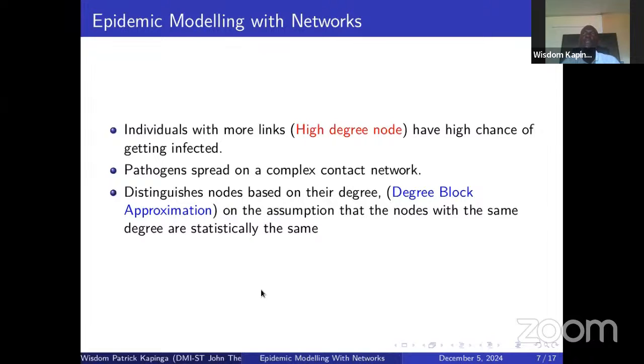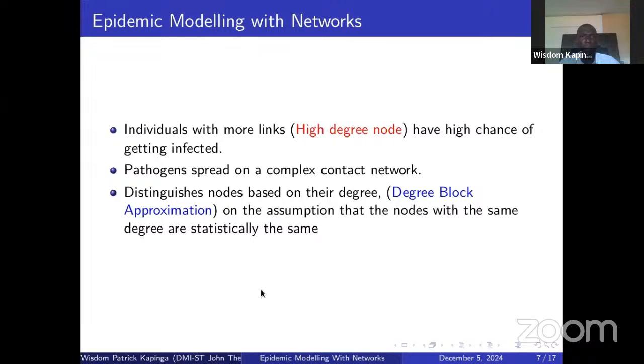You can give it as 10, but that doesn't necessarily mean that everyone in Malawi comes into contact with 10 people. So that's where the concept of networks comes in, to say we now want to look at the exact number of contacts that each individual has, in contrast to looking at the whole average of contact of people in the population.